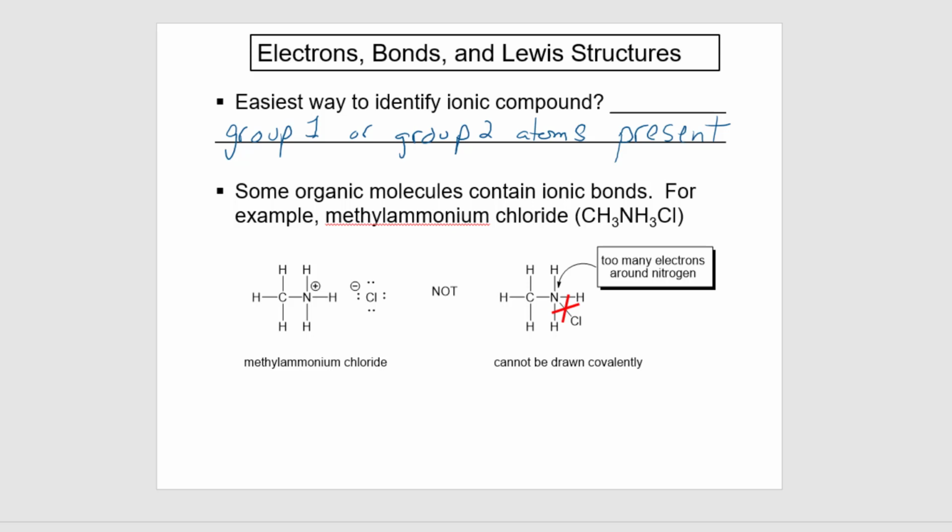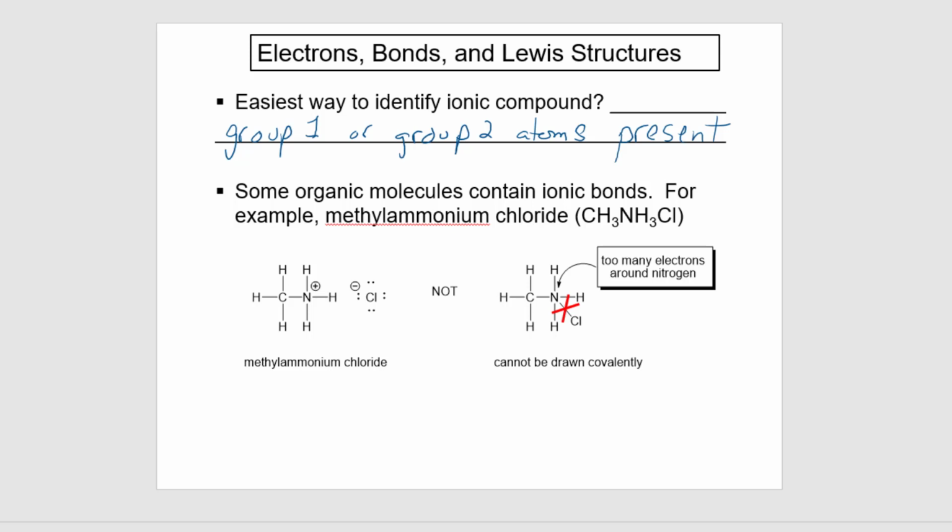So I really want you to be able to identify a molecule as ionic or covalent. And that's what we're working towards right now. Some organic molecules contain ionic bonds. So for example, methyl ammonium chloride, which is shown here on the left, you can see that it's got a carbon in it, so it's organic. The nitrogen that it's attached to has a formal plus charge, and there's a counter ion with a chlorine minus nearby.